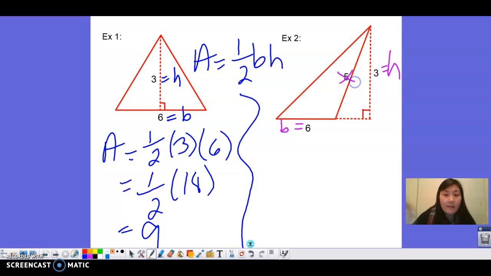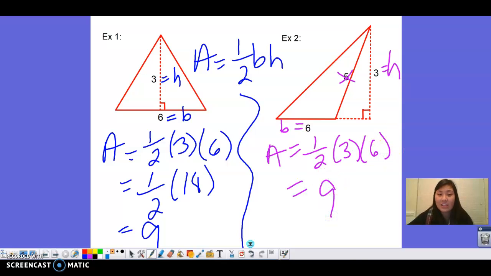So the 5 is just extra information that we don't even need. So because we have the same setup as our previous triangle, 1/2 times base and our height, we are still going to get 9 as our answer.